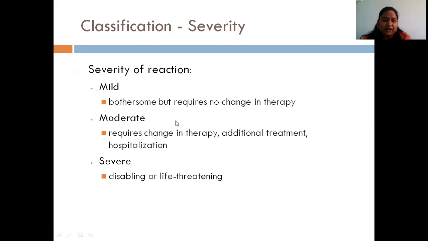Next is the moderate reactions, which require a change in therapy, additional treatment, some hospitalization, and the patient will recover. Severe is disabling or life-threatening, and it sometimes leads to the death of the patient or a coma.